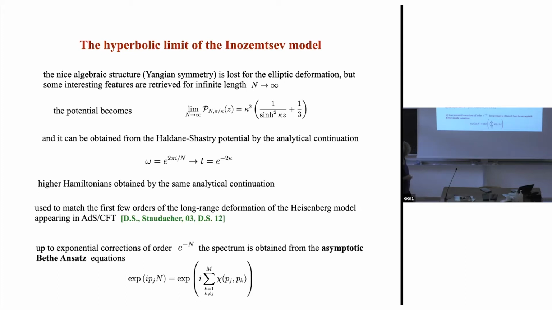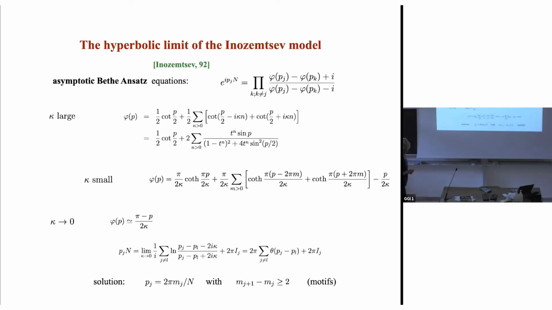So the values of the quasi-momenta for the quasi-particles are given by the Bethe-Ansatz-like equation, where kappa is some scattering phase, which is given in terms of a quasi-periodic function.